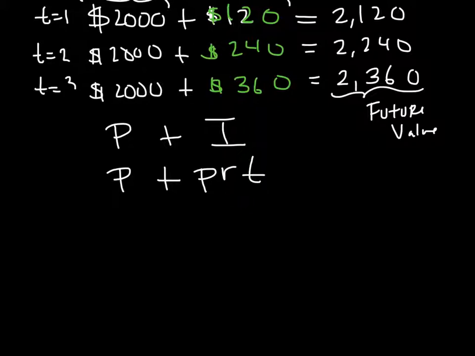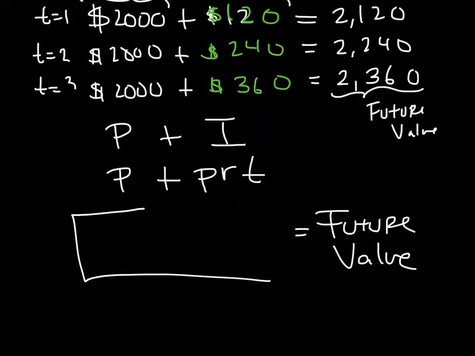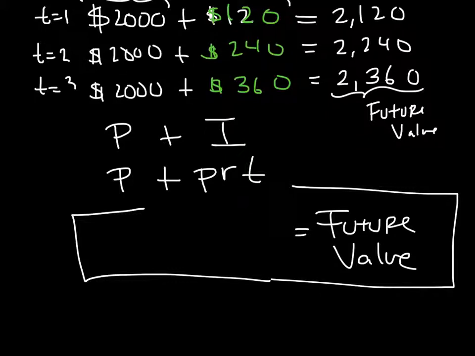So this ends up being our future value when you're working with simple interest. They call this amount big A, which is called a future value of a loan, for example.